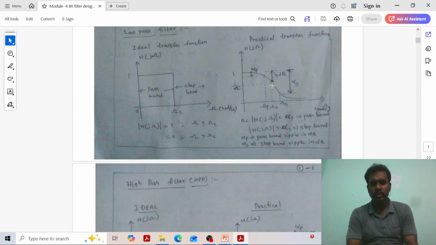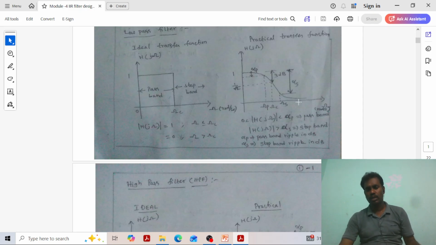If we convert this magnitude plot into a logarithmic plot, log 1 is 0, and a value less than 1 means negative decibels. If it is decreasing towards 0, it is less than 1, so it is minus 1 dB, minus 2 dB, minus 3 dB, and so on.